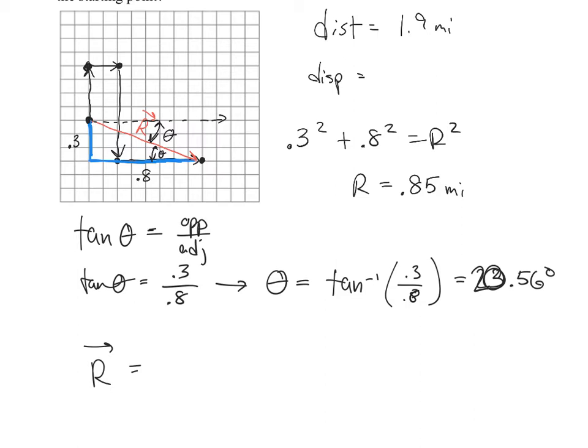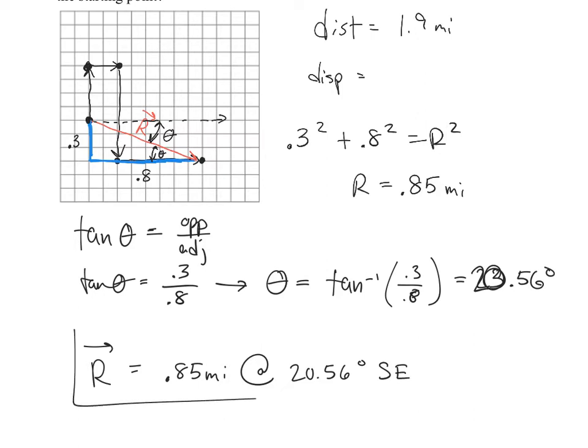So my overall vector, when I'm giving a final answer, has an arrow over it. And I say the following. It's 0.85 miles at 20.56 degrees southeast. So this is your schema, your template, the way you're going to do all of these kinds of things with your answer.